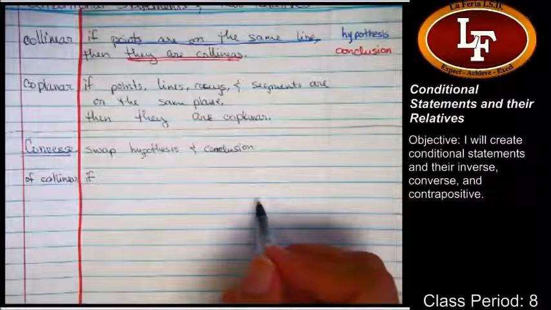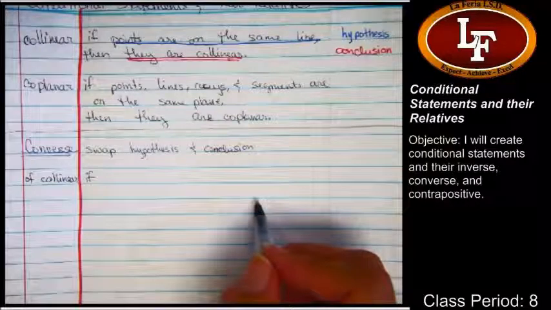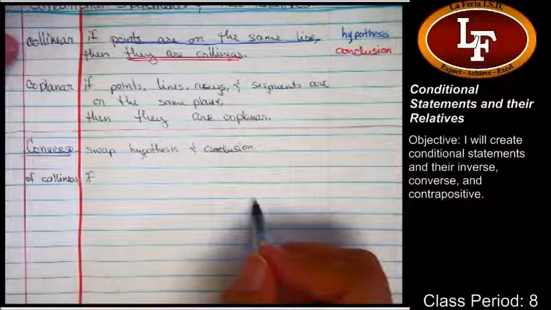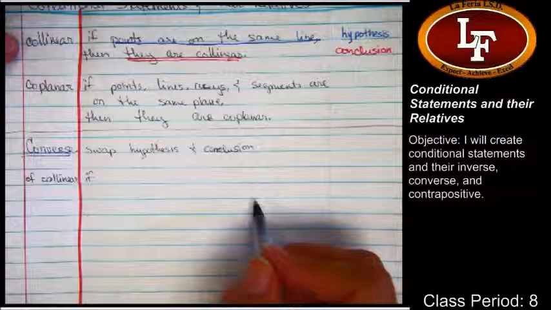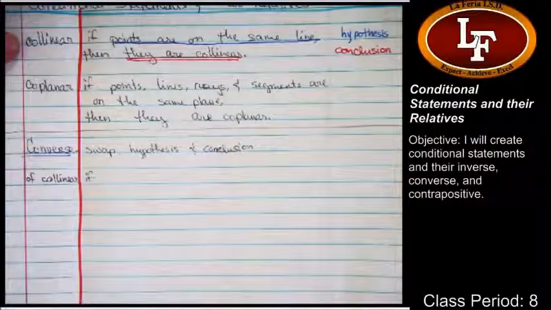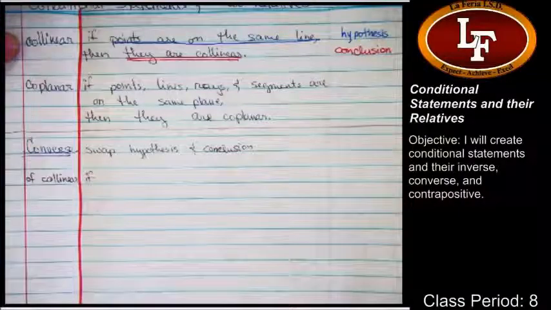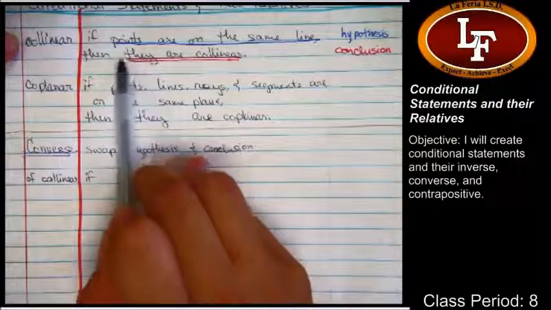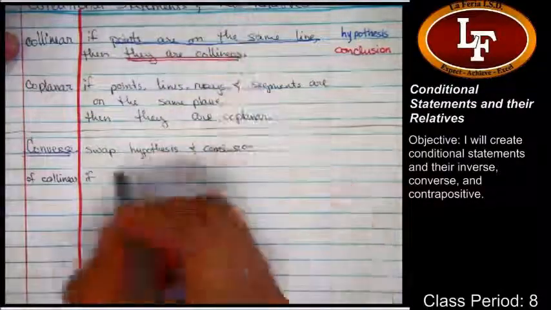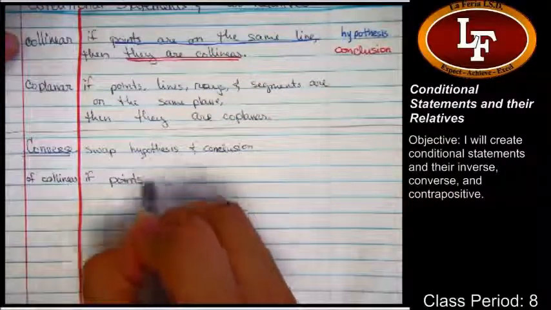What was the conclusion of the original conditional statement for collinear? They are collinear. That's the conclusion. But this "they" is referring to what? Points. So the new hypothesis of our converse is points are collinear.